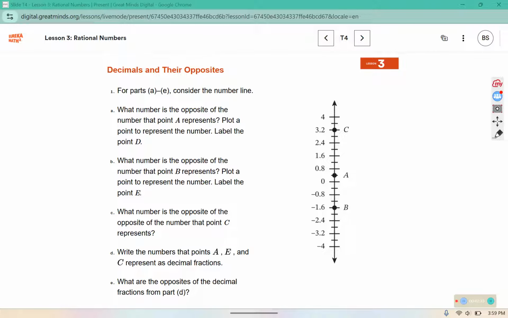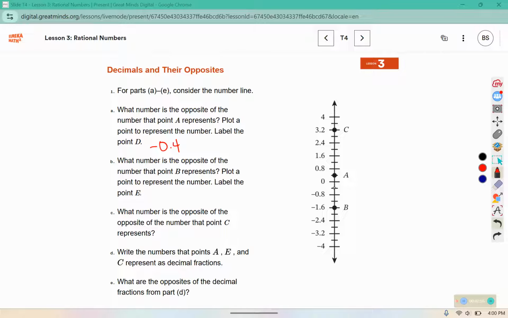Number 1 says, for parts A through E, consider the number line. What number is the opposite of the number that represents point A? Well, A, let's see, that'd be 0.4, and then it would jump to 0.8. So the opposite of point A would be -0.4.